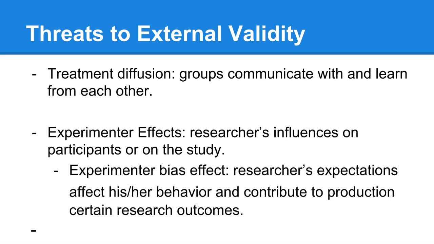The experimenter effect is the researcher's influence on participants or on the study. So the researcher has an idea of the outcomes, so he or she might influence the study or the participants.